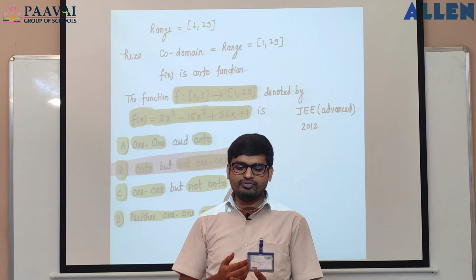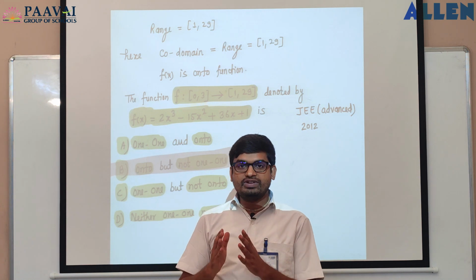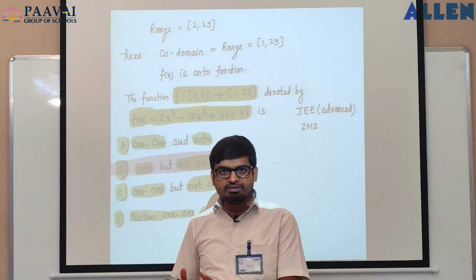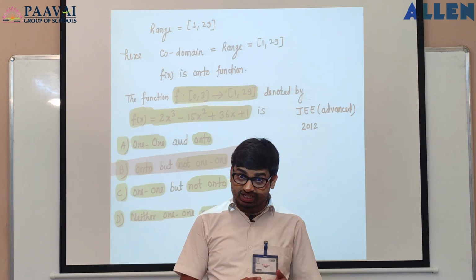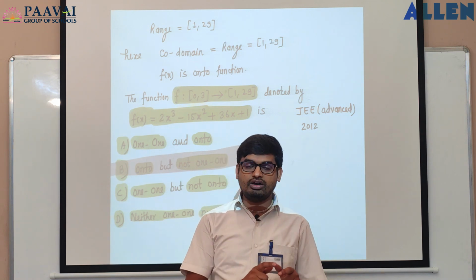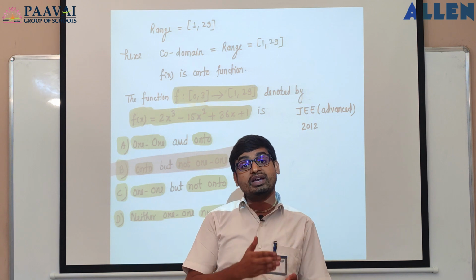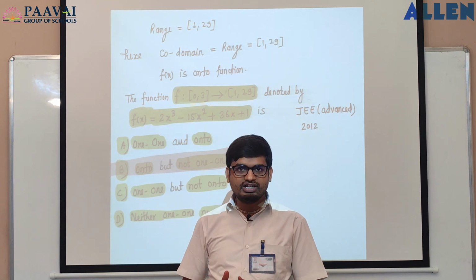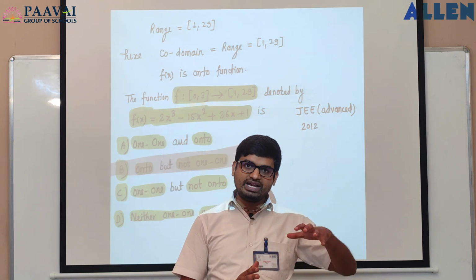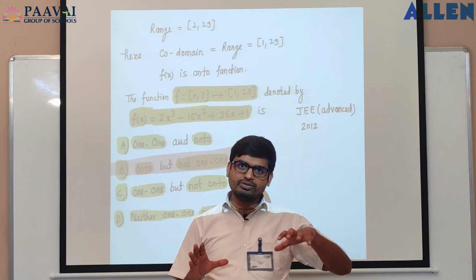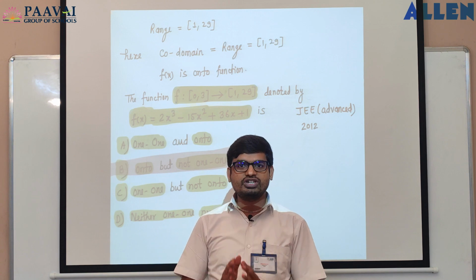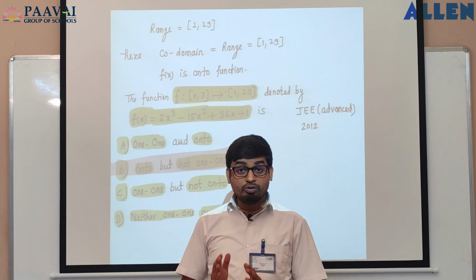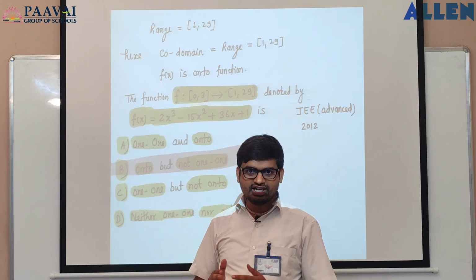In this question we checked the function's injectivity by the method of derivative, and we found the range by the method of derivative only. So if we combine the application of derivative with the first chapter, relation and function, we can do a question very easily. Hope you have understood this question.